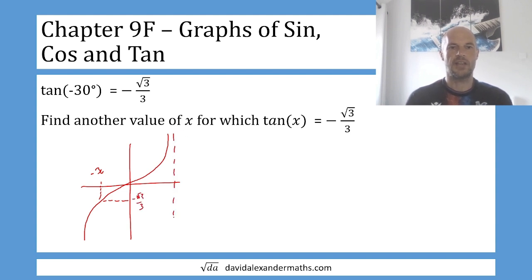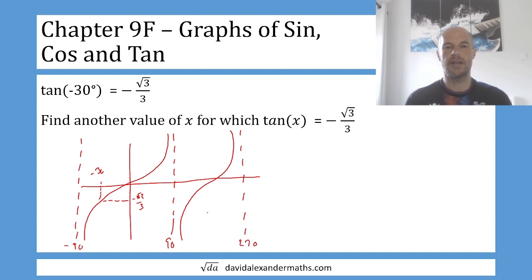We've got an asymptote here, which hopefully we know is 90 degrees, another asymptote here, which is minus 90. If I chuck in another tan wave, the next asymptote will be 270. Remember, tan repeats itself every 180 degrees, so minus 90 is the first asymptote, plus 180 is 90 for the second asymptote, plus 180 gives me 270 for the next asymptote.